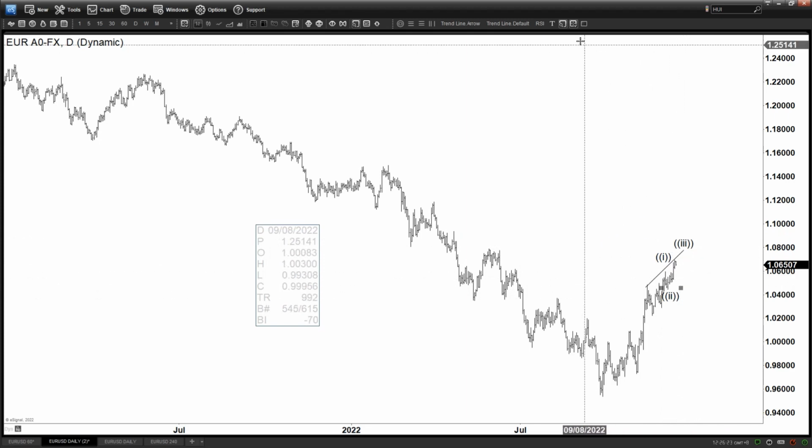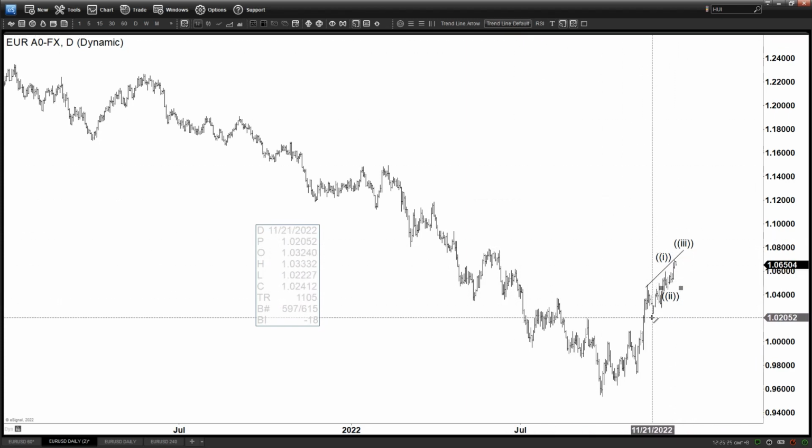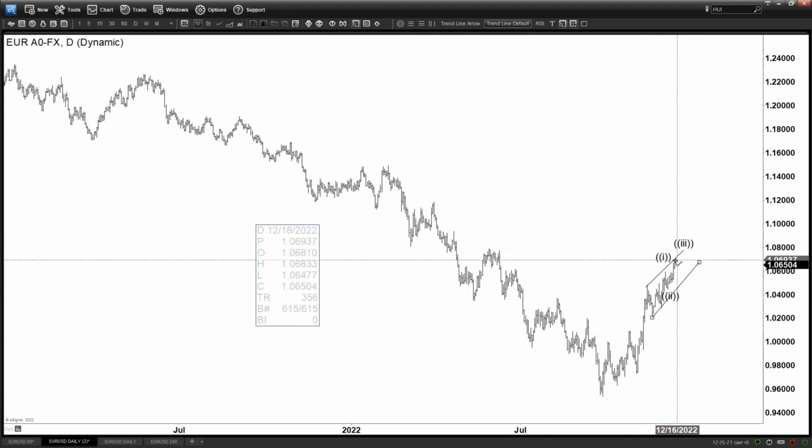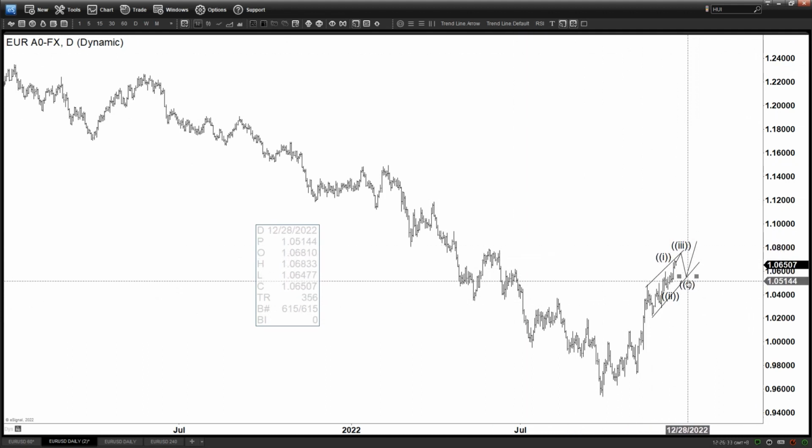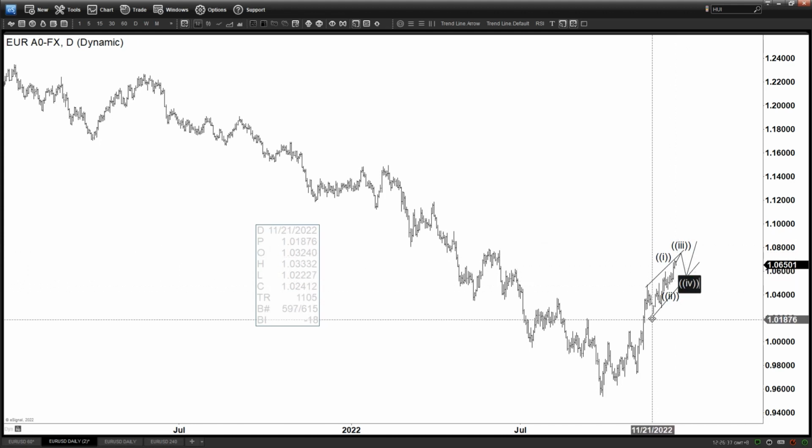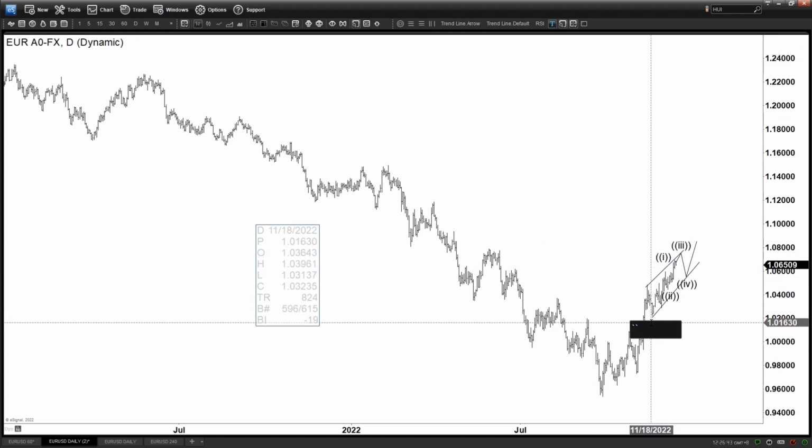So this 1, 2, and then we should be looking for 3, 4, 5, right? Something like this. Then once we finish that 5 waves up, we should finish the cycle from November 22nd. So that's the short-term cycle that we're looking at when we look at the 1 hour time frame.